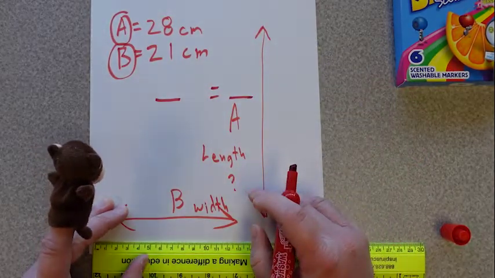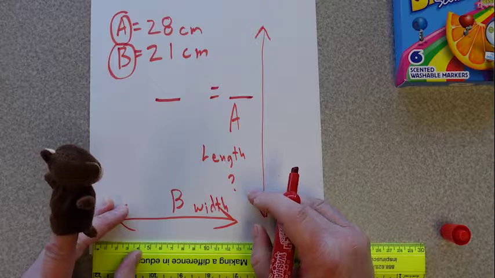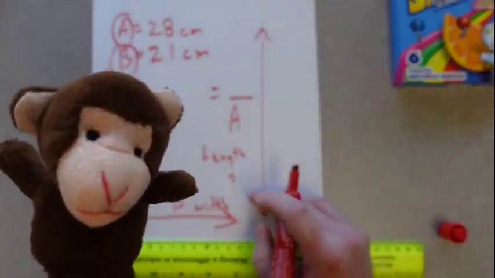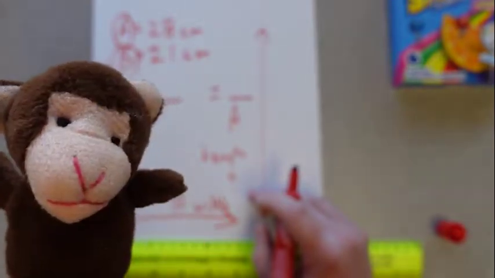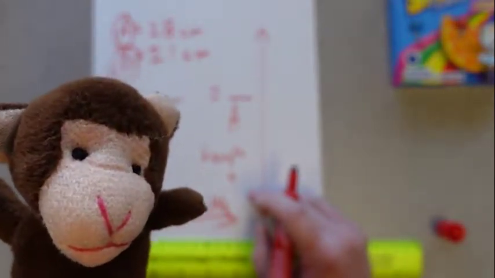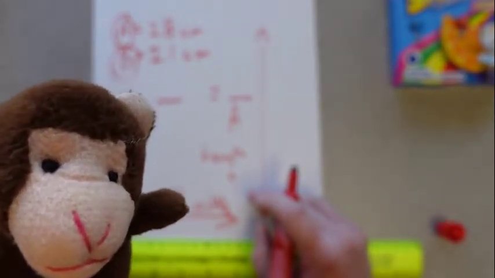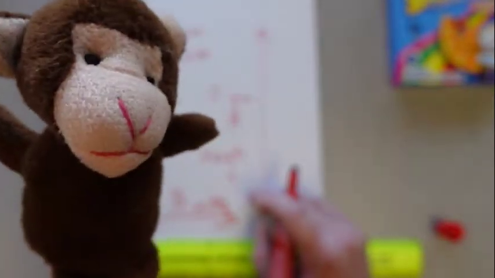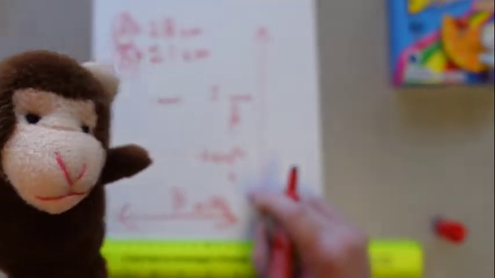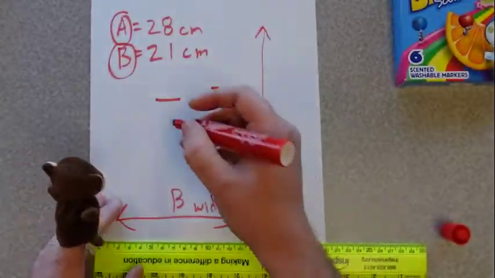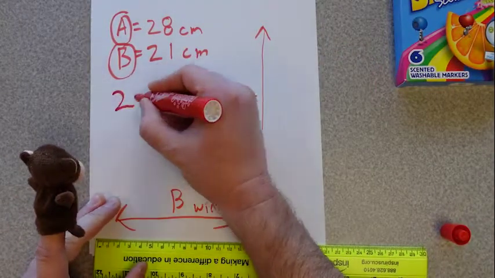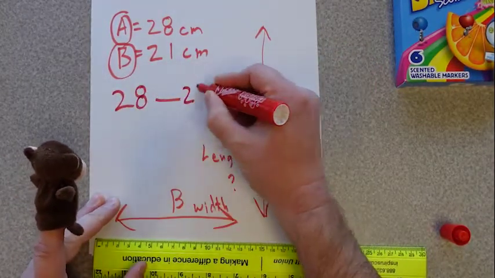And, Mr. Monkey, what number do we start with? Well, Mr. Corcoran, if 28 is greater than 21, you definitely want to subtract the smaller number from the larger number. You know what I'm saying? All right, well, 28 minus 21.